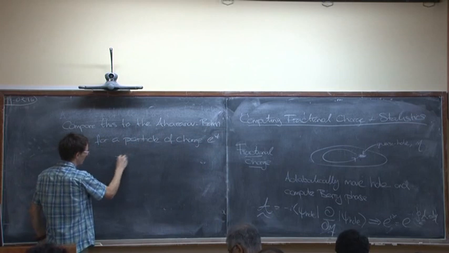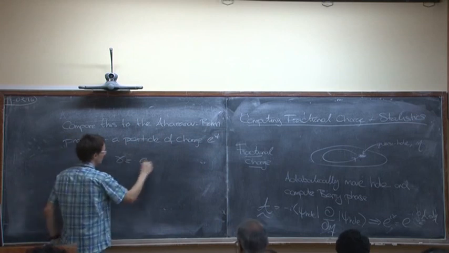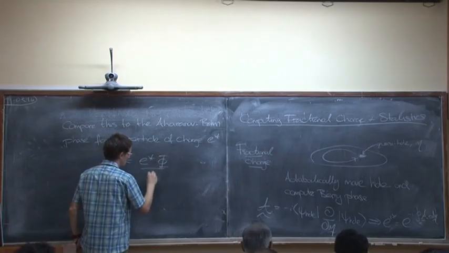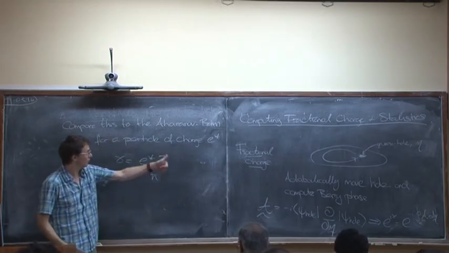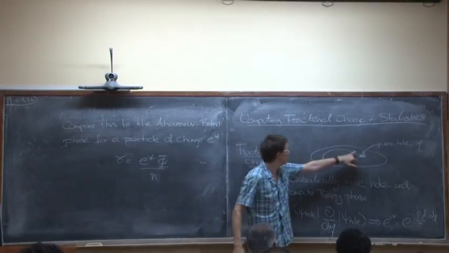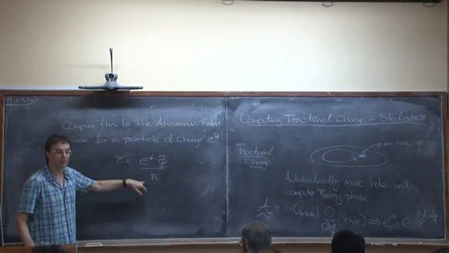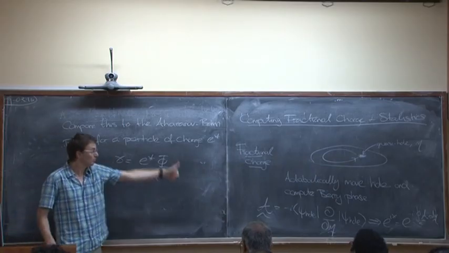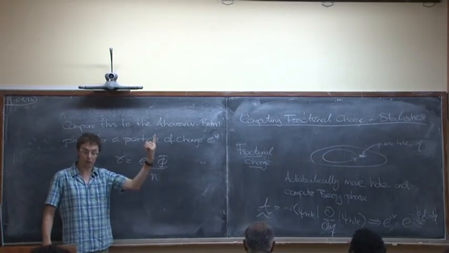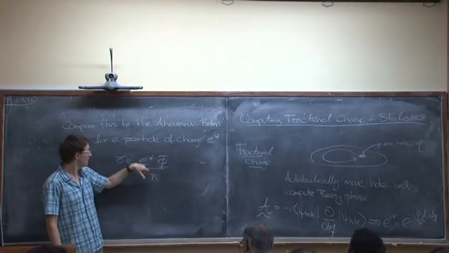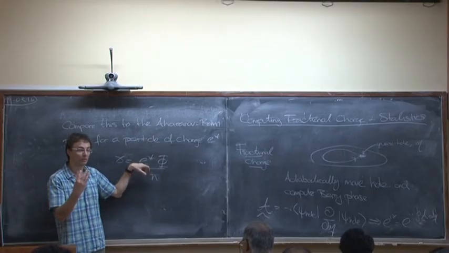In other words, you write the phase gamma as the charge of the particle times the flux through this area, which is just the original magnetic field times the area divided by h. So the calculation is you compute the Berry phase for that Laughlin state. You then compare it to the expected Aharonov-Bohm phase, and from that you extract the charge. Okay, it's very clever.